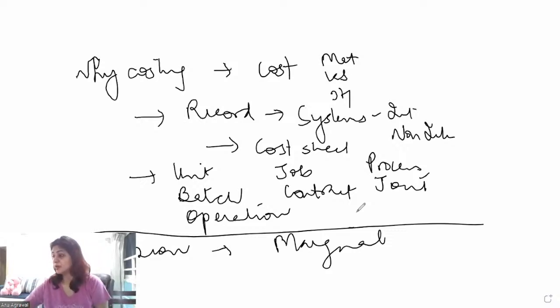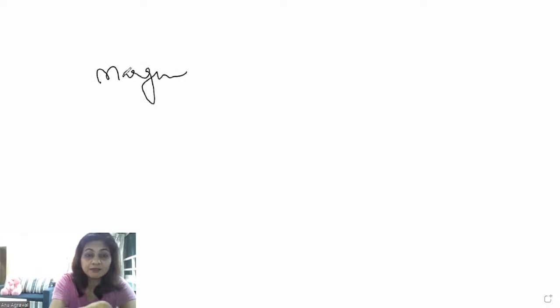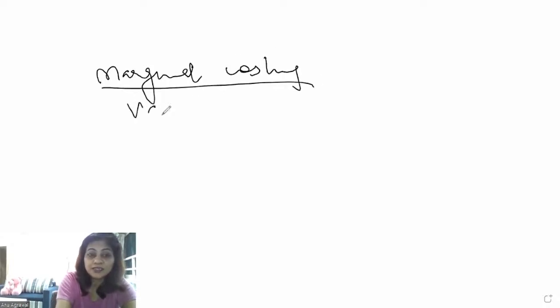Yes. So I can see, understood. Thank you so much. So that means all of us understand why we are studying marginal costing. We are studying marginal costing because marginal costing says we should consider variable cost per unit and we should only take fixed cost in totality.